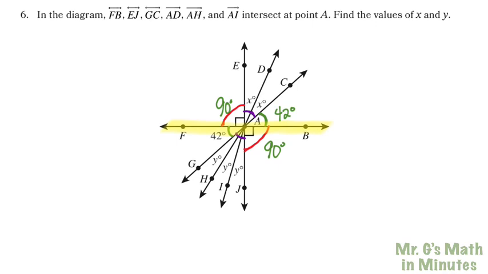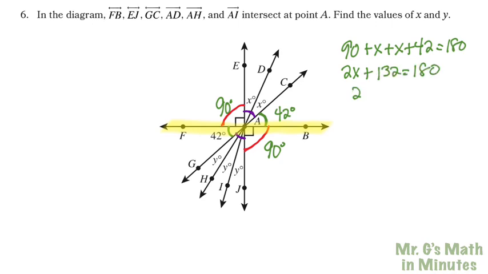So to find x first, I'm going to add 90 plus x plus x plus 42. That's going to give me that straight angle. It's going to be 2x plus 132 is equal to 180.